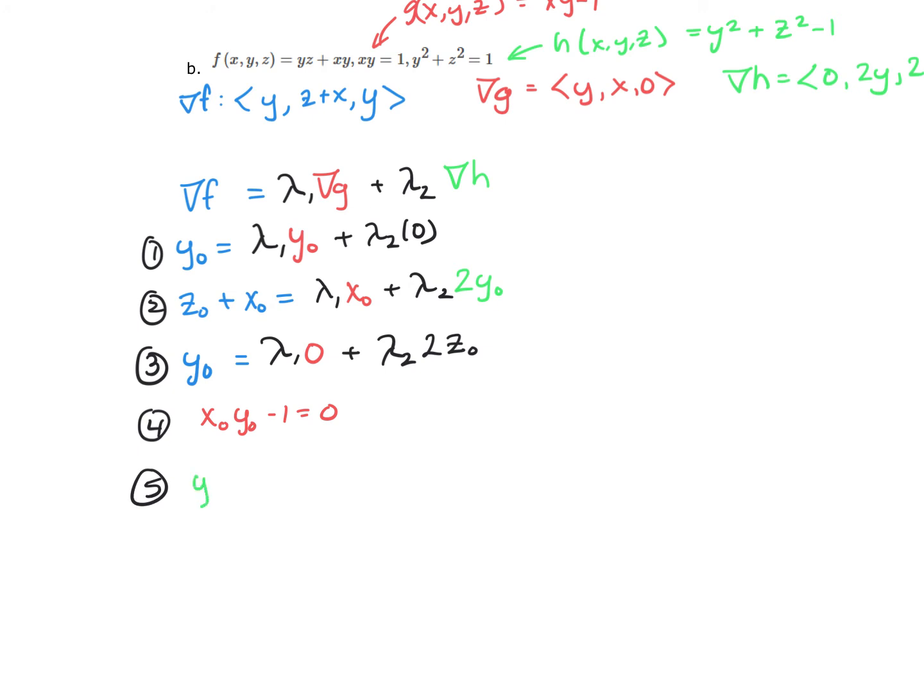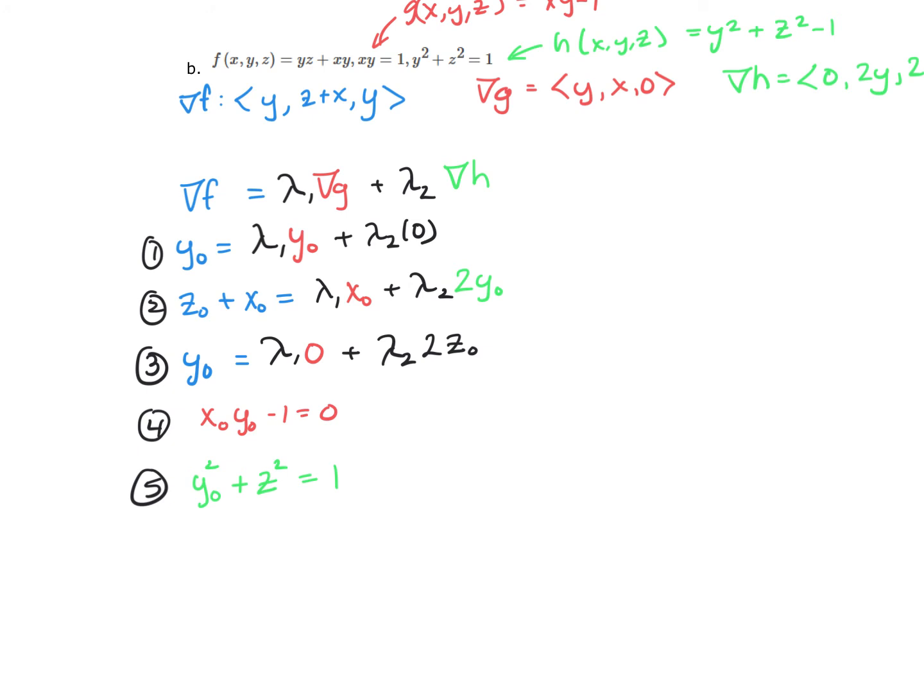And so I have y naught squared plus z naught squared is equal to 1. Okay, so my unknowns, I have x, y, and z naught, so that's 3 unknowns there. Lambda 1 and lambda 2, that makes 5 unknowns. I have 5 equations and 5 unknowns.